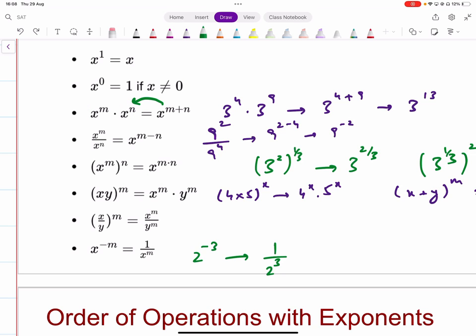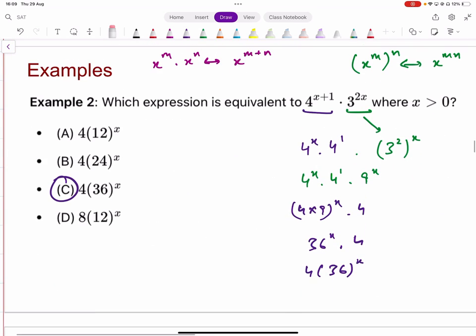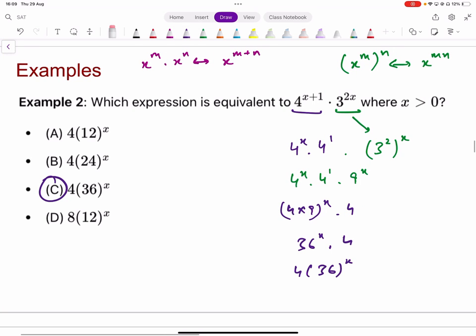So you have to be comfortable using this as well. Yeah, we use this rule. This is a plus sign, right? So we can break it down into two parts. इस पे हम ये वाला rule apply कर रहे हैं.